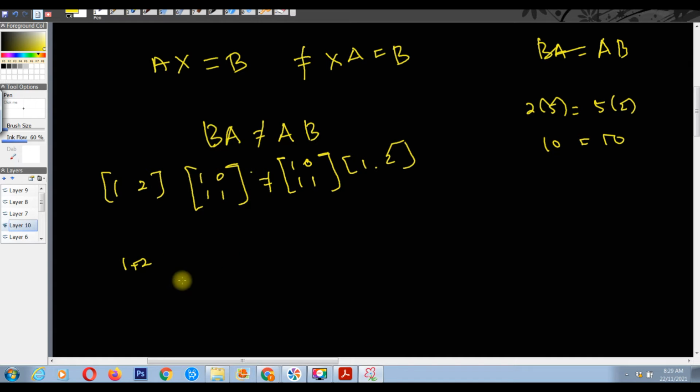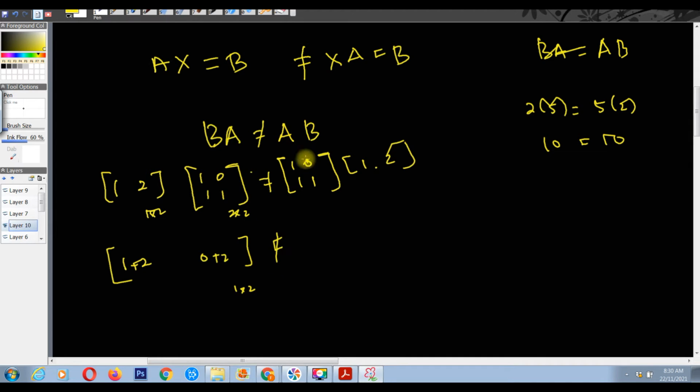First row, second column is 0 plus 2. We just have this, so this is 1 by 2 times 2 by 2, so in the end we will have a 1 by 2 matrix.